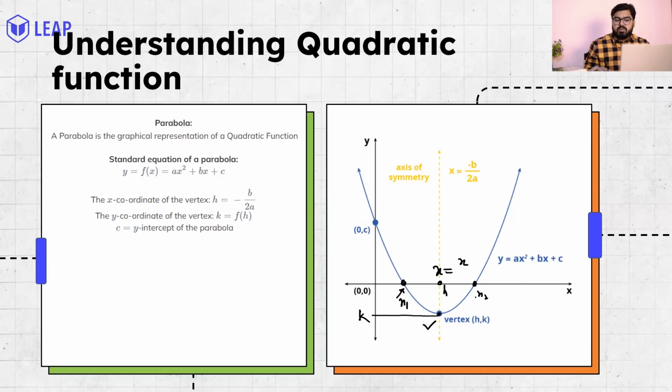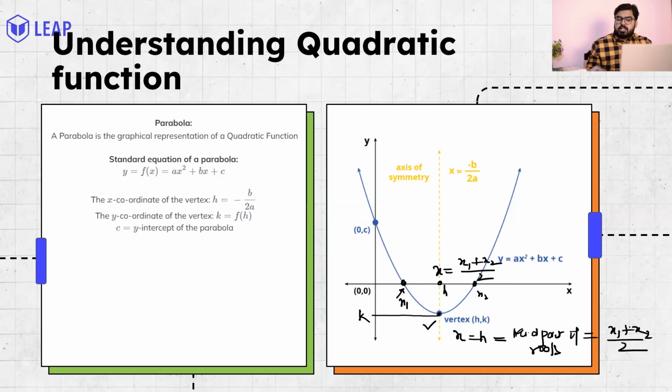If the roots are x1 and x2, remember roots is nothing but the x-intercept, it is x1 plus x2 by 2. So the x coordinate of the vertex, which is h, is given by the midpoint of the roots, or midpoint of the x-intercepts of the parabola, which is x1 plus x2 by 2.